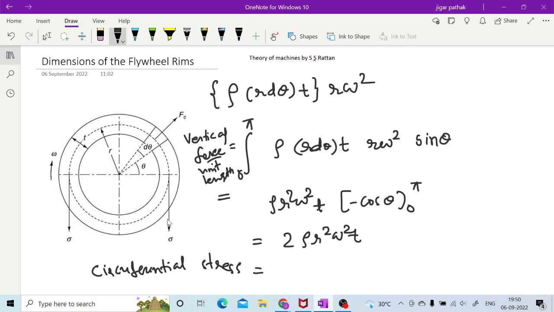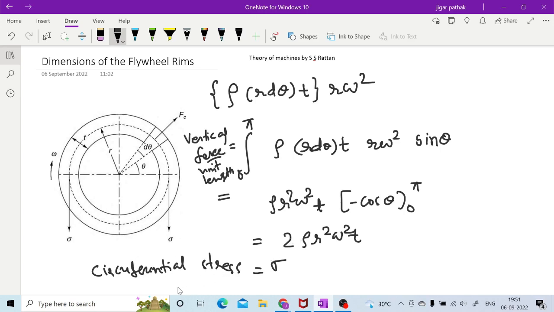Okay. So now, yes, circumferential stress is also there, right? That is sigma. So if we see the force due to this stress, and whatever force we have calculated because of this centrifugal force, both must be in equilibrium, right?